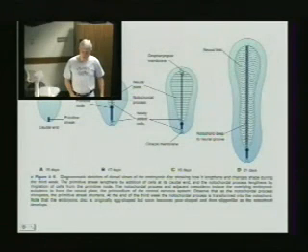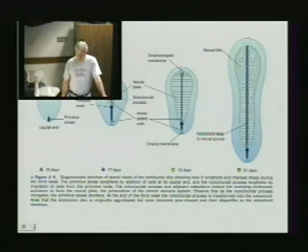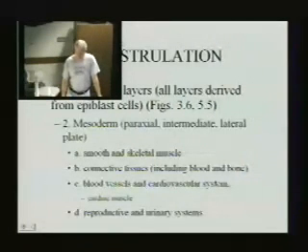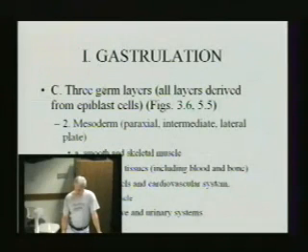The prechordal plate showed up very early on in the two-cell layer stage, and we said that it will eventually become a portion of the oral cavity. So this then is referring to the neurulation, and now we can talk about the gastrulation.